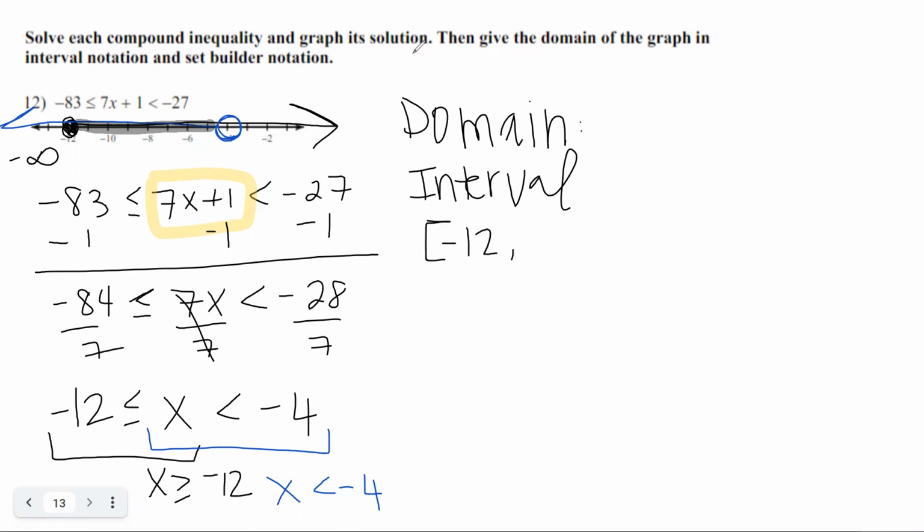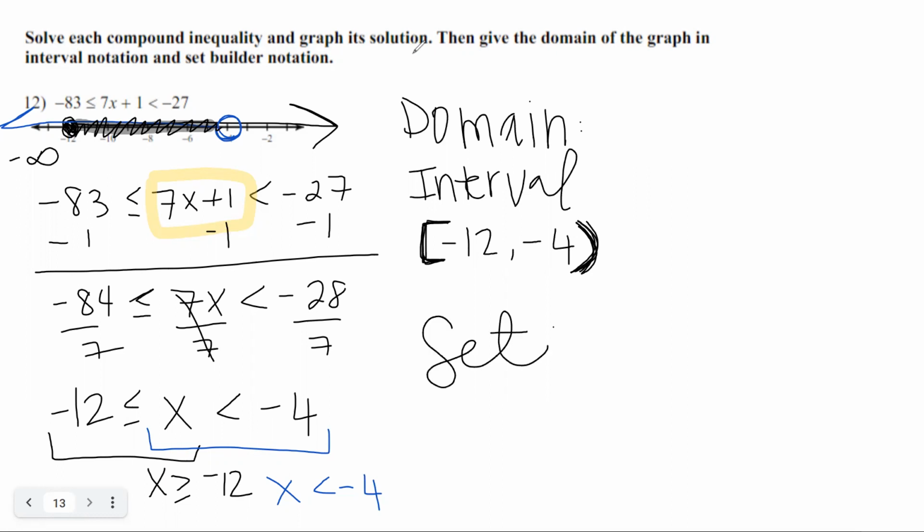And negative 12 is a closed dot. That's why I put the closed brackets, the square brackets. My graph continues living here, keeps going all the way up to negative 4. But negative 4 has an open circle, meaning I'm going to have my open parentheses. And that's all my domain is.